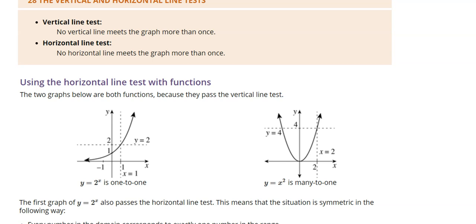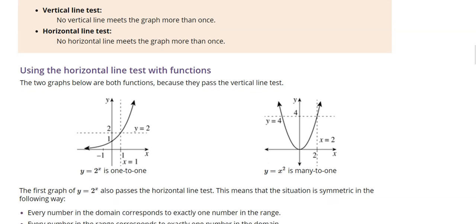Anyway, the graphs below are both functions. What kind of graph is this? Correct, it is one-to-one. I was asking if it was an exponential function, but you're right, it is a one-to-one function. The exponential functions are all one-to-one because they don't cross over anything.